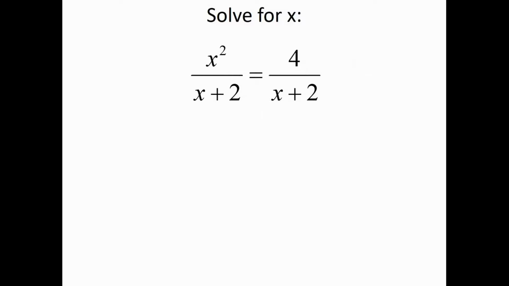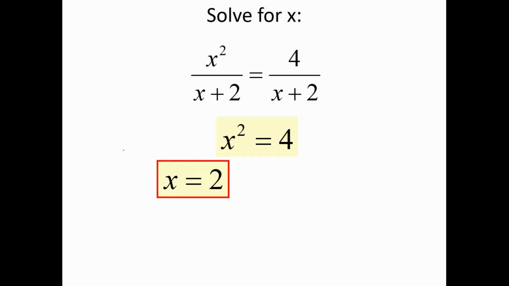Another one, x squared over x plus 2 is equal to 4 over x plus 2. LCM is x plus 2 na. So, kung x plus 2, nag-multiply ka ng x plus 2, x plus 2, magiging 1, matitira is x squared is equal to 4. So, x squared is equal to 4.